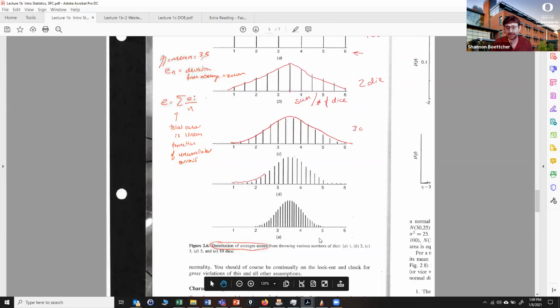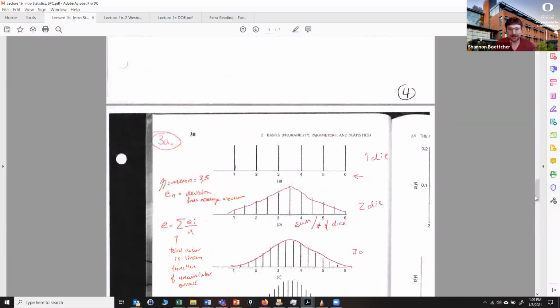That's because one dice doesn't know what the other dice is doing. What's really cool about this is that it doesn't matter what the initial probability distribution looks like. The probability distribution of one particular variable affecting the overall measurement, the total sum of all the faces of the dice, doesn't matter.